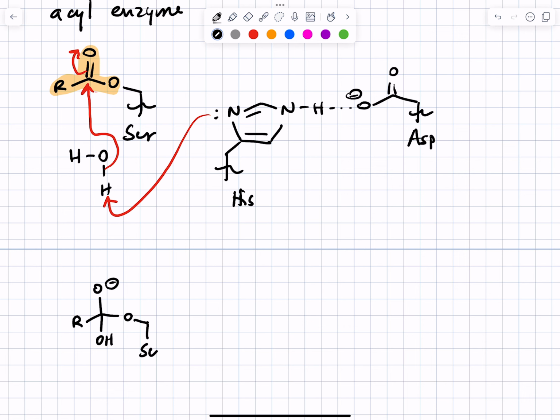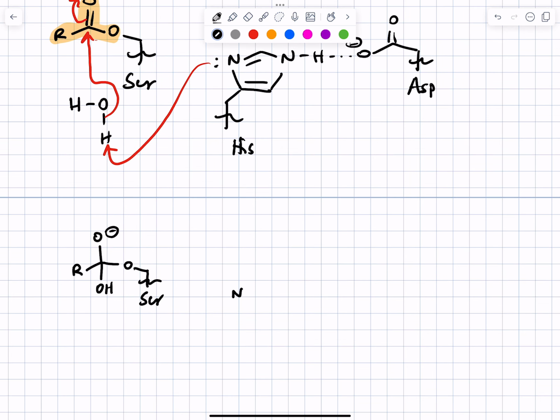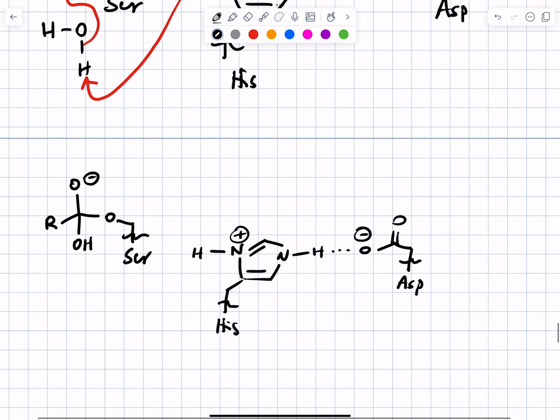So we'll draw that tetrahedral intermediate. We'll also draw the histidine, which now is positively charged because it stole a proton from water. And it's still hydrogen bound to the nearby aspartic acid. That's a negative charge in the circle there. Sorry, it's a little bit crazy.